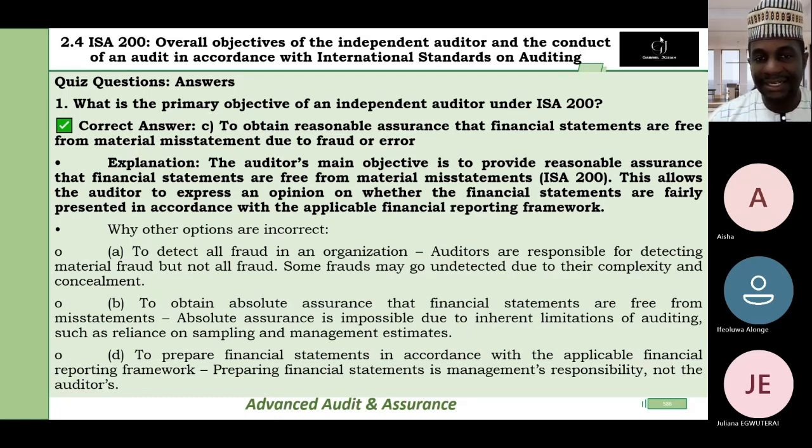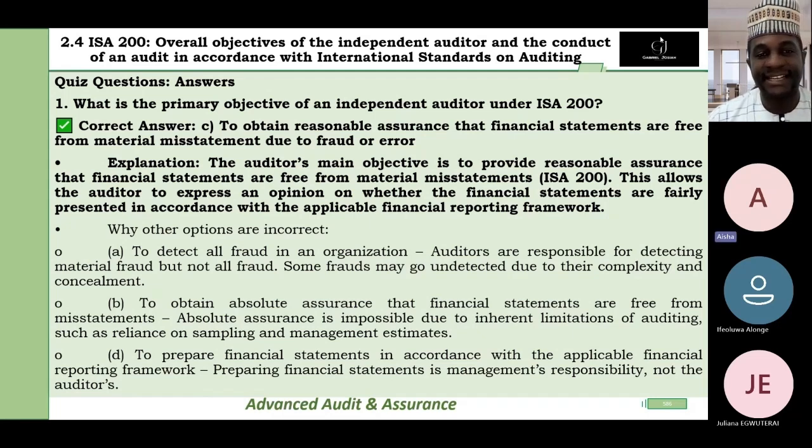There are some frauds that, even when they come to light, you'll be surprised. Wow, all this under my nose. Even external auditors will be shocked. That is why you cannot provide absolute assurance. So get that correctly. Absolute assurance is impossible in auditing. It can be reasonable, limited, or no assurance.